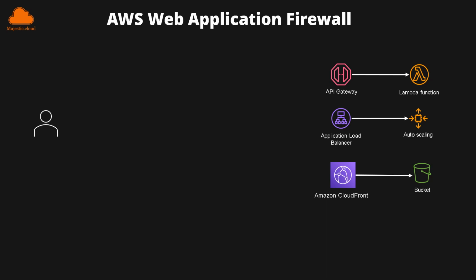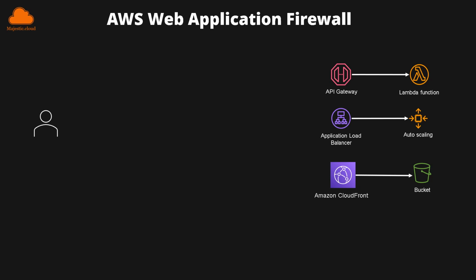Now, your users will make requests to any of these types of systems. So they will make a request to one of the systems, to another one, to the third one. But besides your users, there are also some other actors out there.